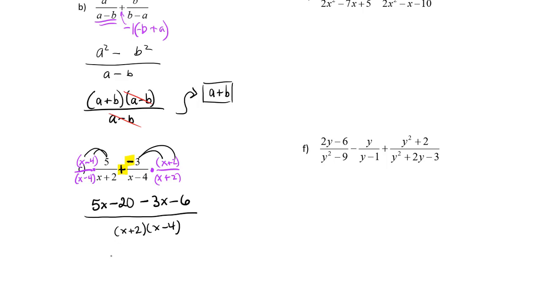If I combine like terms, I'll have 2x minus 26 and my denominator is x plus 2 times x minus 4. Notice that even if I were to factor a 2 out, I'd have, in the numerator, 2 times x minus 13, and that's not going to reduce with anything in the denominator. So we're done.